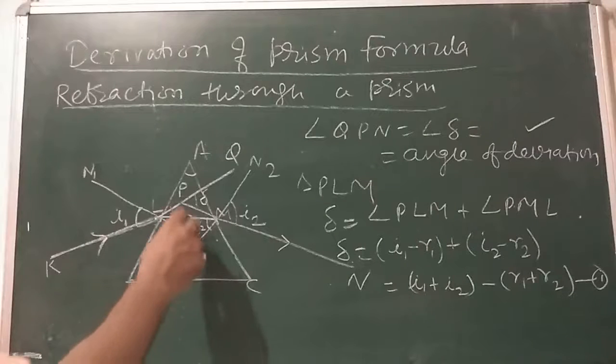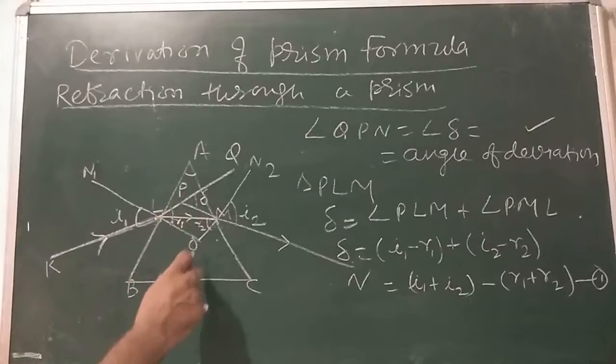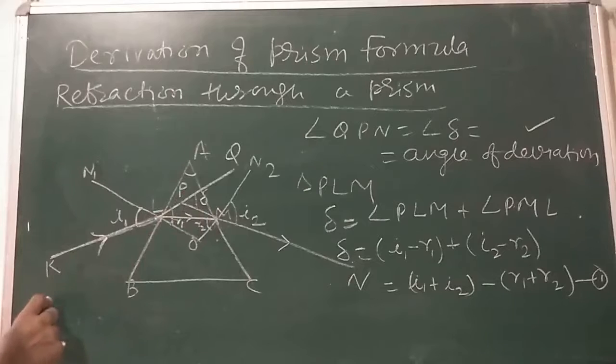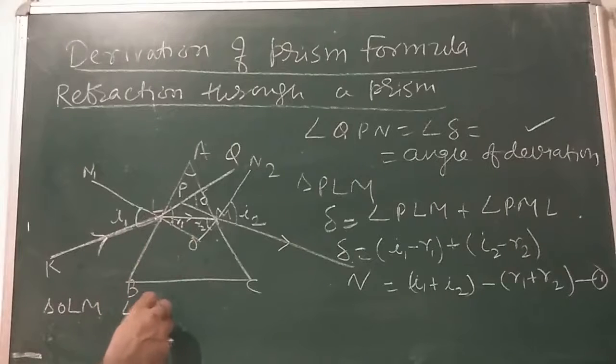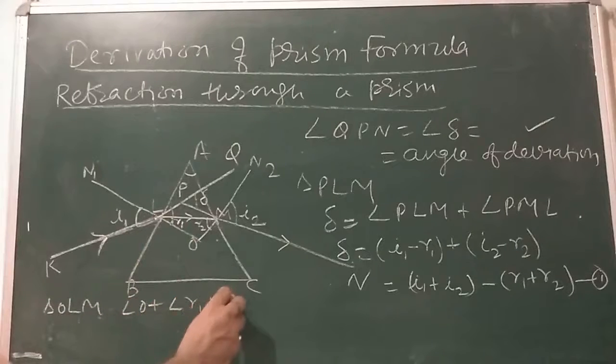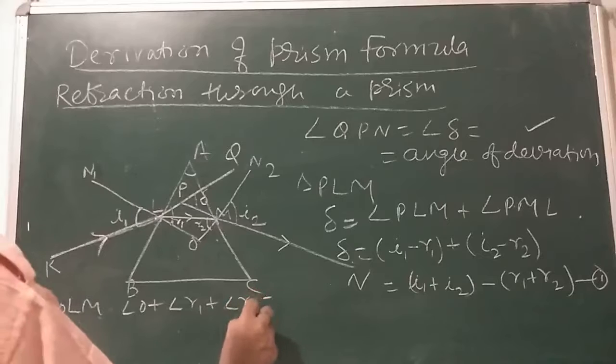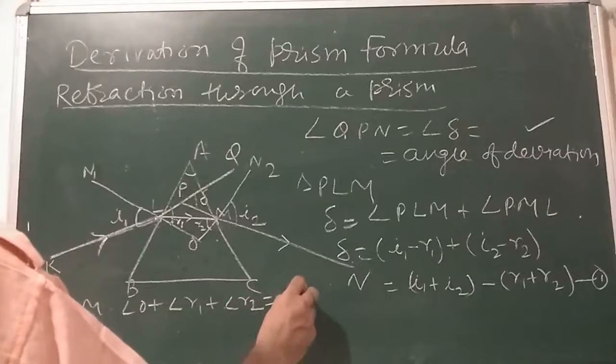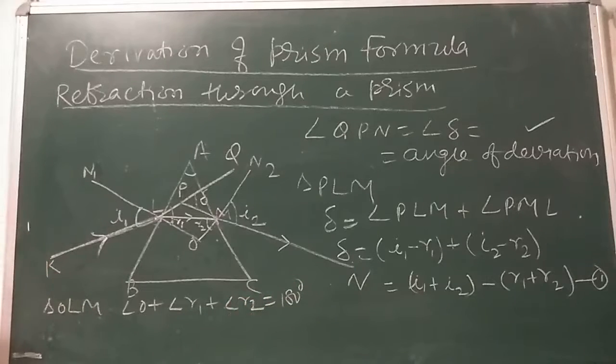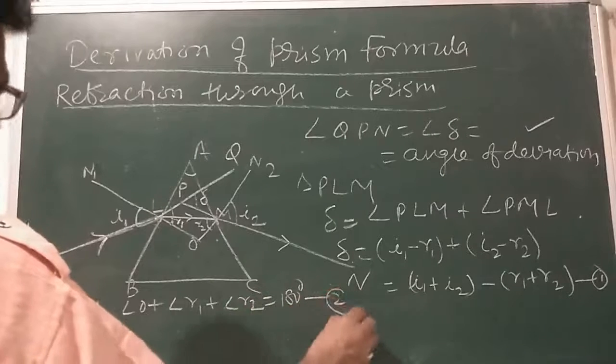In the triangle OLM, the sum of all the three angles, angle O plus angle R1 plus angle R2, is equal to 180 degrees. This is our equation number 2.